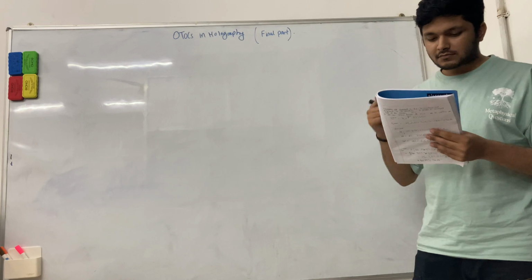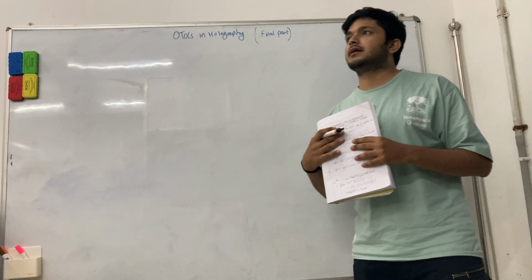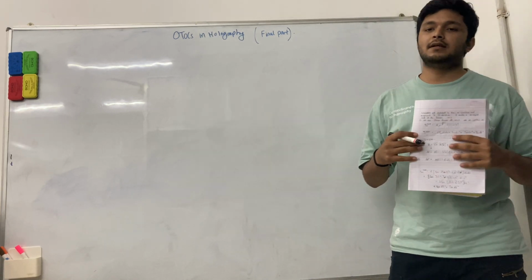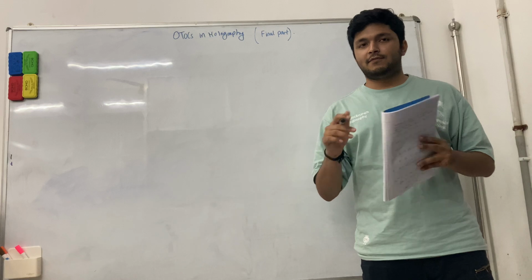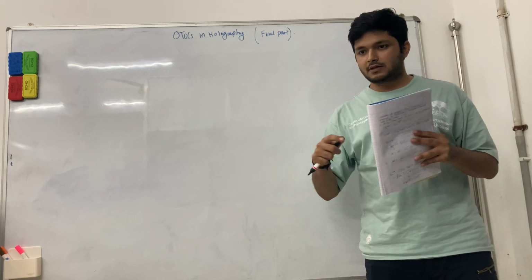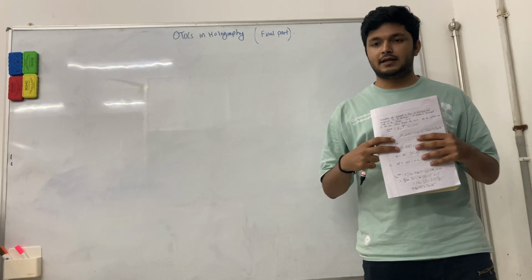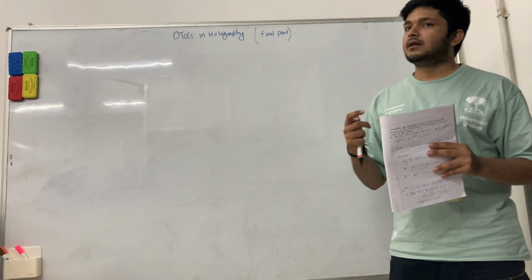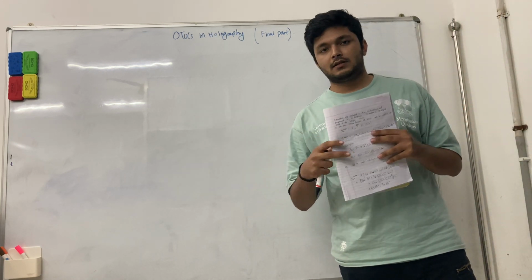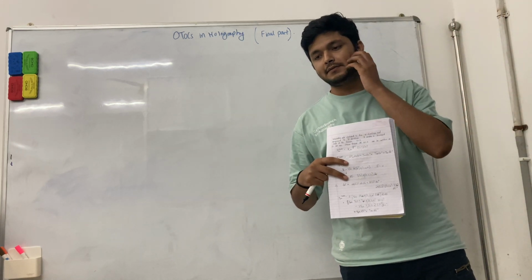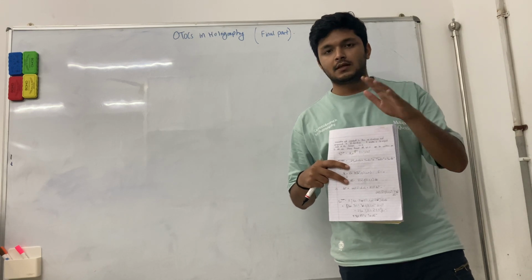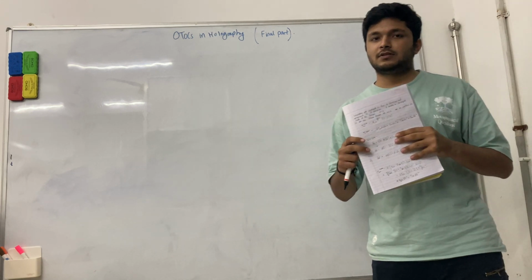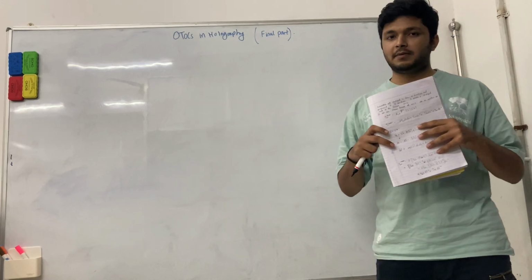So, as I discussed in the previous part, there would be broadly 4 topics, 4 sections, that I'm going to cover in this discussion. We are done with the first two parts, namely the physical intuition of OTOCs, and second, the Penrose diagrams.